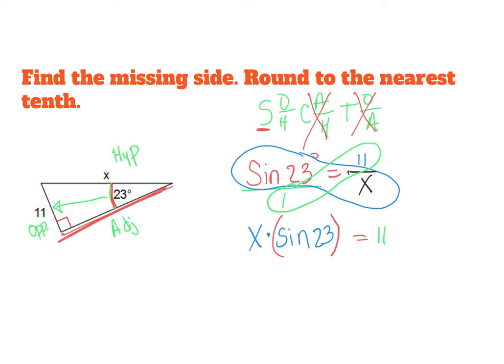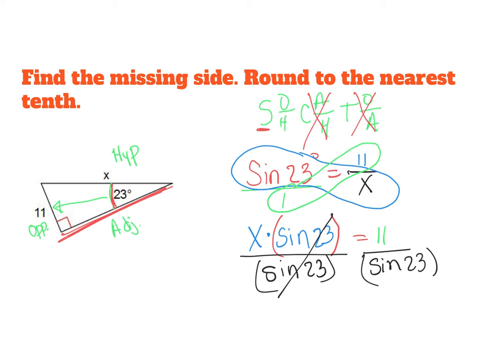Now if I'm trying to get x by itself and I'm currently multiplying x by sine of 23, I will do the inverse. So I will divide by sine 23. And what you do on one side, you do on the other. So my sines cancel and I'm left with this large fraction, which at that point you would just go to your calculator.